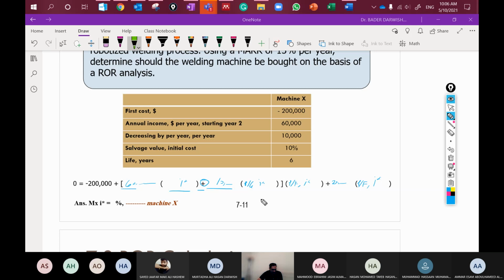I reach to row 7. I'm going to put 30, 60, 50, 40. I'm going to take the earlier information, need to clear it all out. 30.